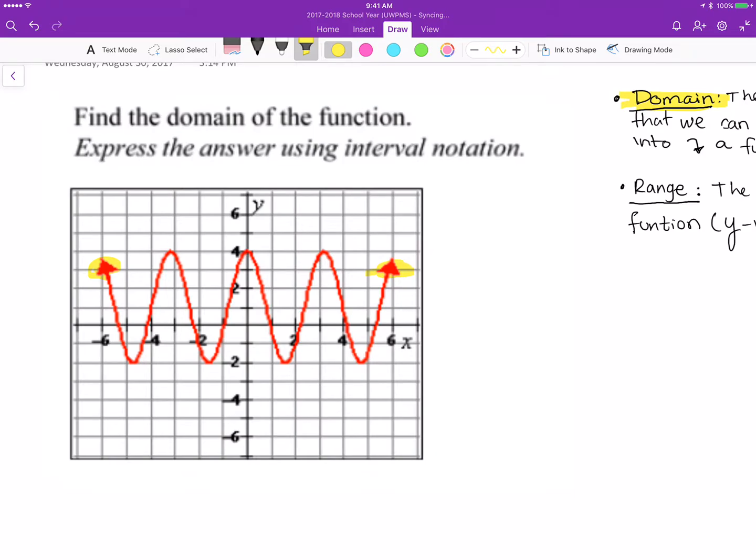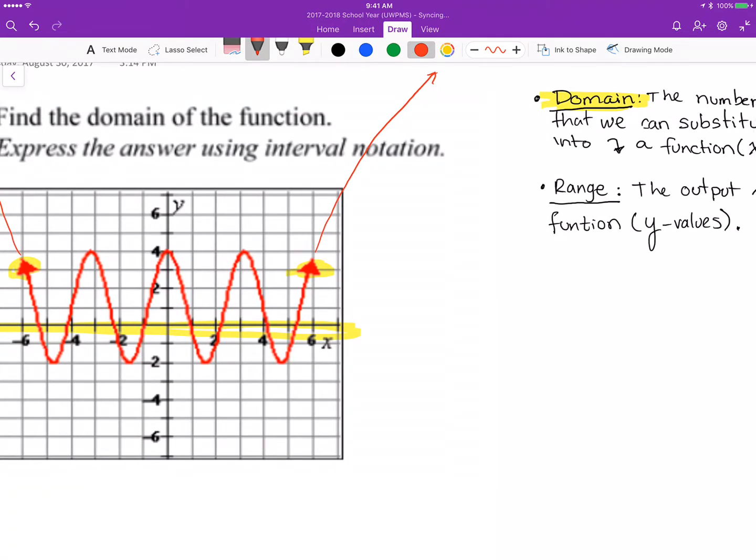So we know that the graph is going to continue going this way. That's what they mean, those arrowheads. So immediately we know that my x values are going to be all real numbers.